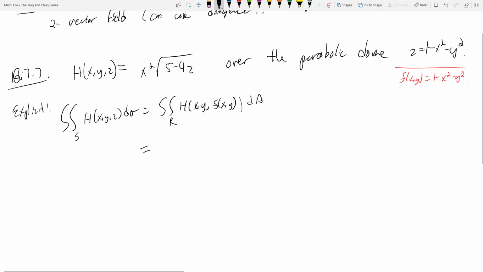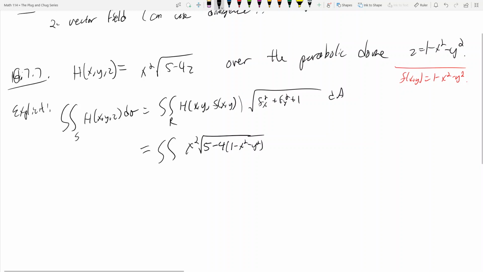So what do I have? I have a double integral. H was x squared root 5 minus 4 times, not z, but 1 minus x squared minus y squared. Now, sorry, I had the wrong formula, but this is the square root of f partial x squared plus f partial y squared plus 1, dA.